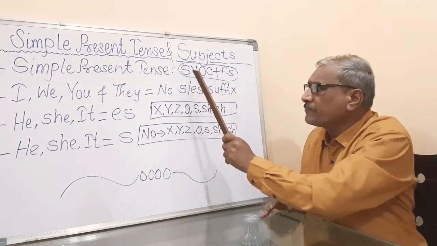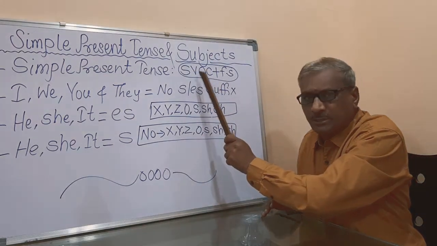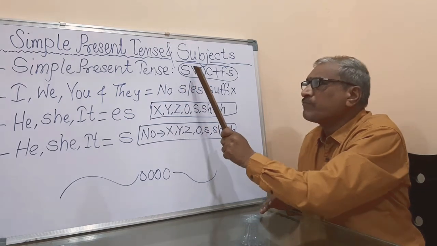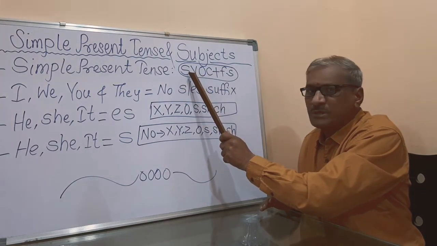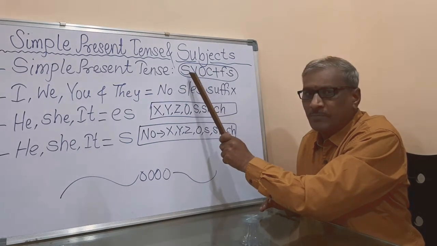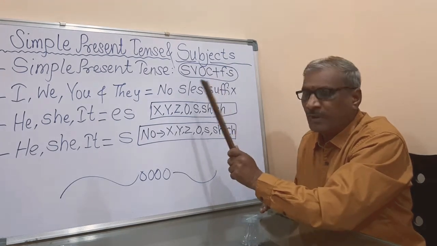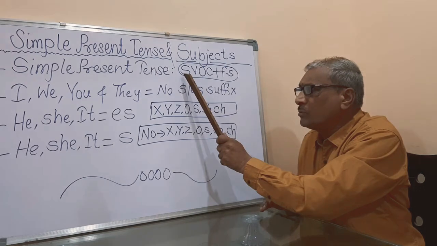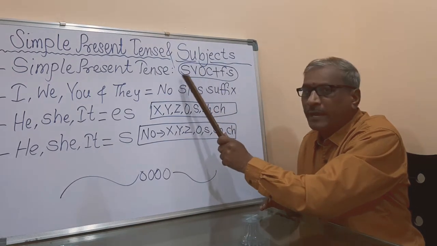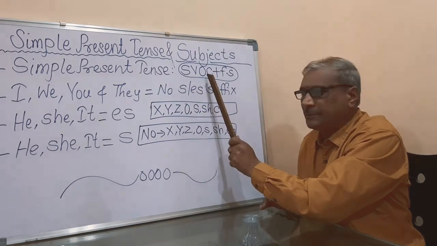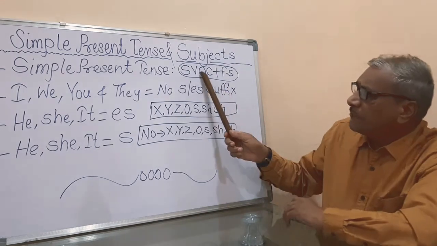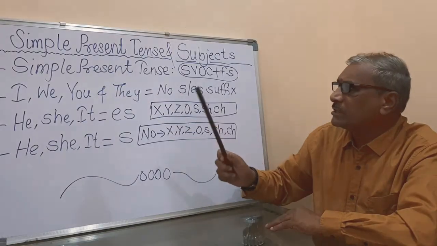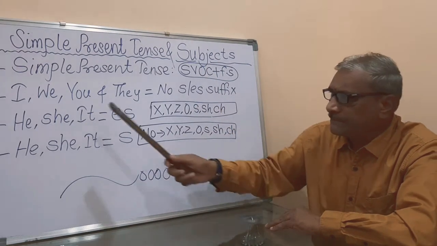Again, I will talk about this SVOC structure in the simple present tense, which is spoken as the first positive structure, called the simple positive structure, then the simple negative structure, then the positive interrogative structure and the negative interrogative structure. So in this way we can talk in the simple present tense with the help of the structures.